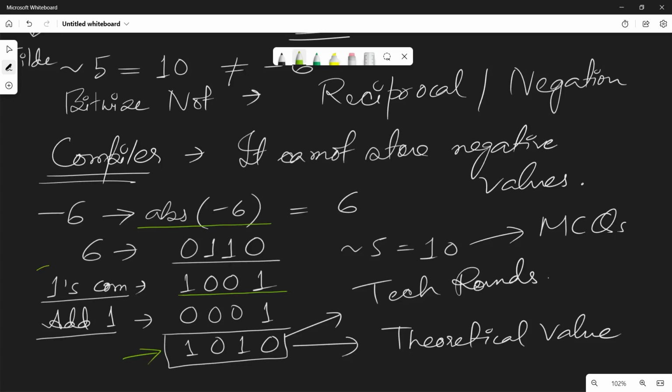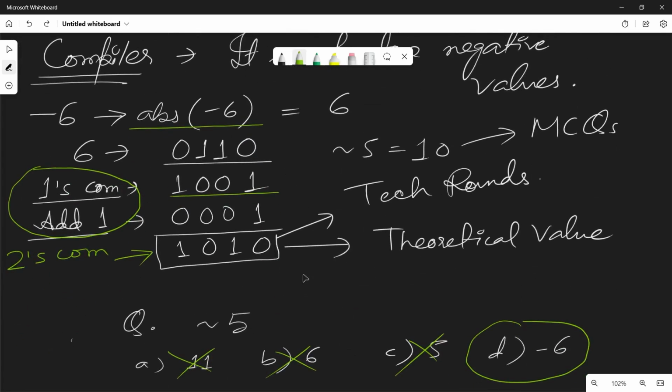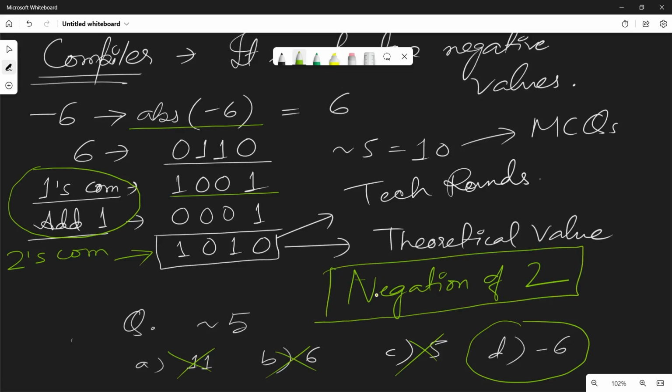And please remember, one's complement plus 1 is known as 2's complement. Therefore bitwise not is also known as negation of 2 or double negation. Okay, or it is also known as 2's complement. Clear?